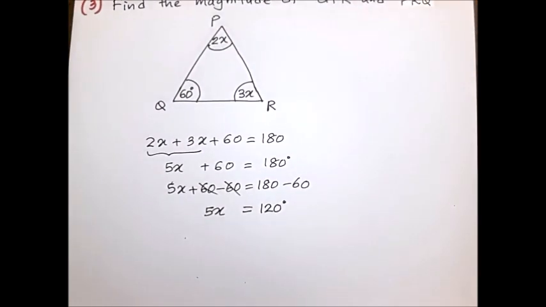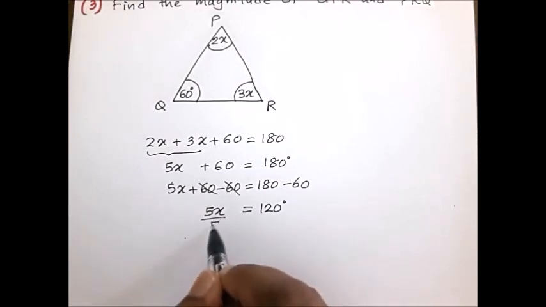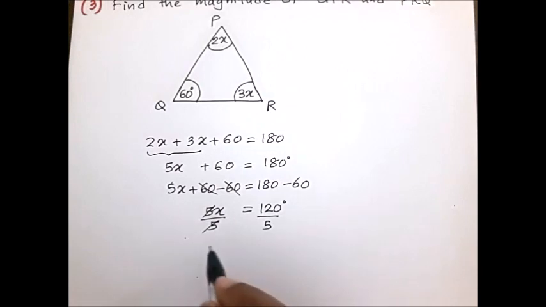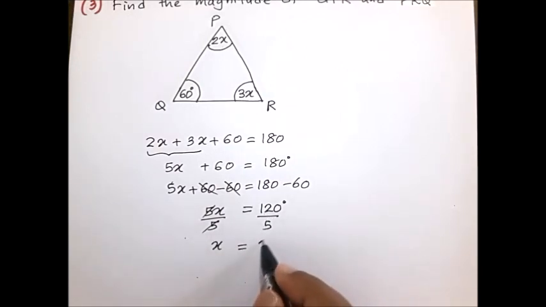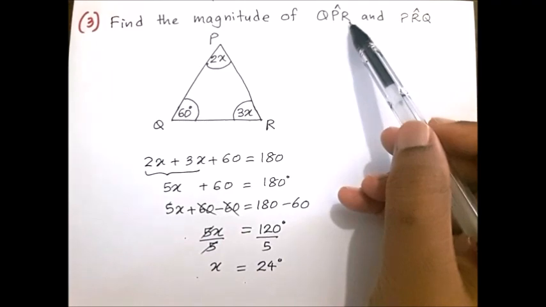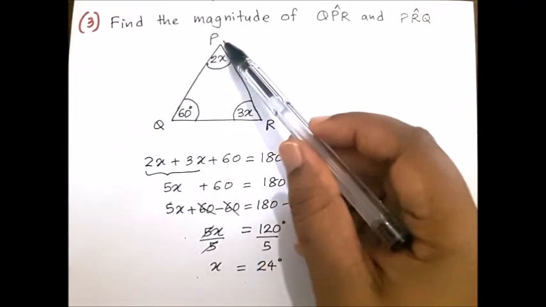Now how can you find the value of x? Divide both sides by 5. Here 5 and 5 cancel, x remains. 120 divided by 5 is equal to 24 degrees. But here the question asks about angle QPR.